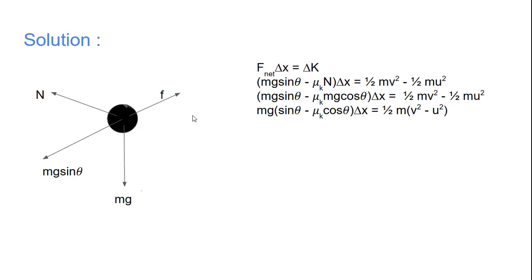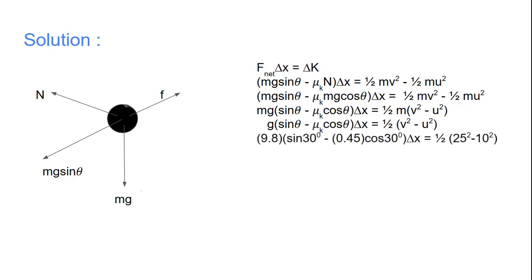Now let's see what happens. We see that the m's cancel out, and that makes us happy. So we have g times (sine theta minus mu k cos theta) times delta x equals half times (v squared minus u squared).